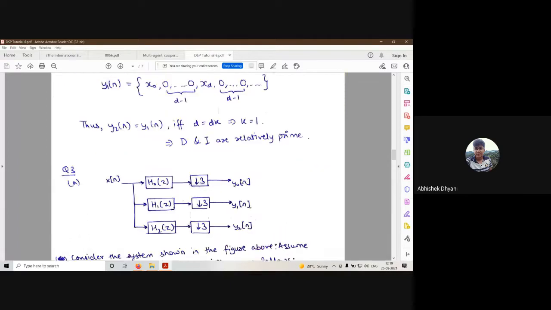These two indexes must be the same, or d should be equal to dk, for y1n and y2n to be the same. From here we can say that k is equal to 1. So these two sequences are the same only when k is equal to 1, or in other words, only when d and I are relatively prime. So this is the proof of this part.